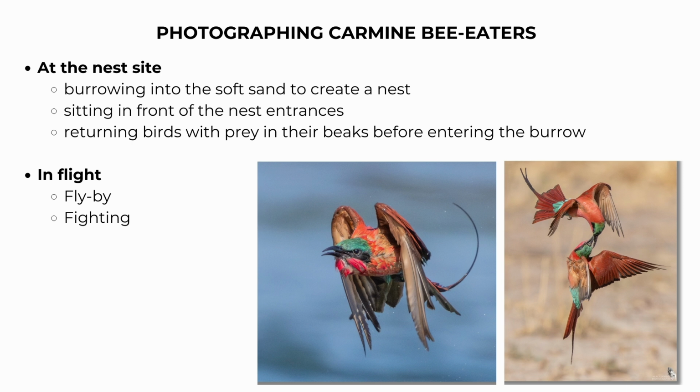But you have to also keep a keen eye out for any fighting that then erupts. Early in the breeding season, there's fighting for nest positions and so on. So they'll start fighting on the ground and they'll go up into the sky and they'll keep on fighting there. So you've got to keep your shutter depressed as they go up. Then in the morning, I would say about 8:30, they would start to go to the rivers.